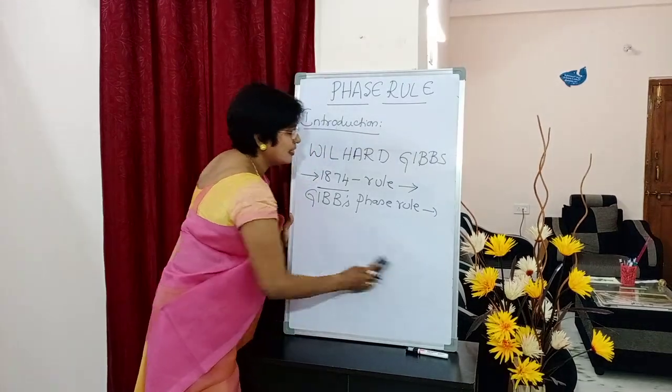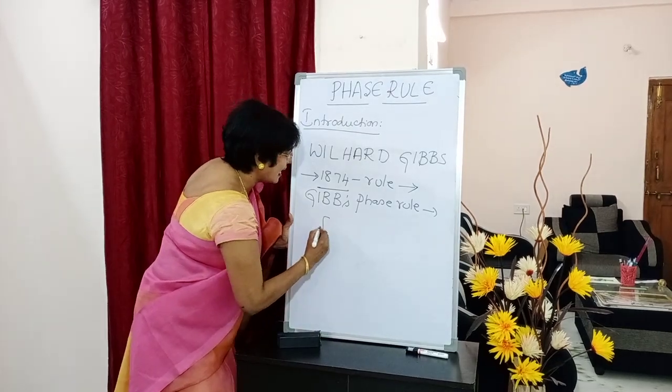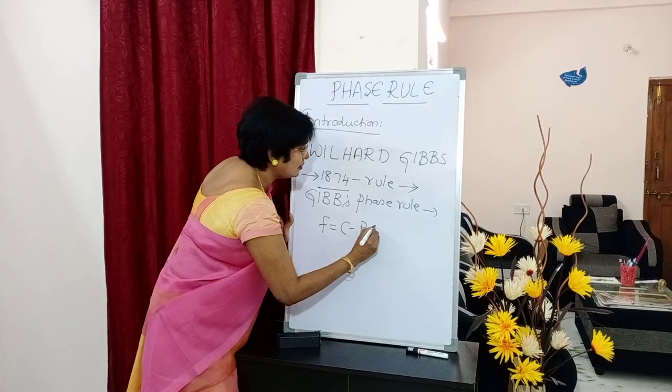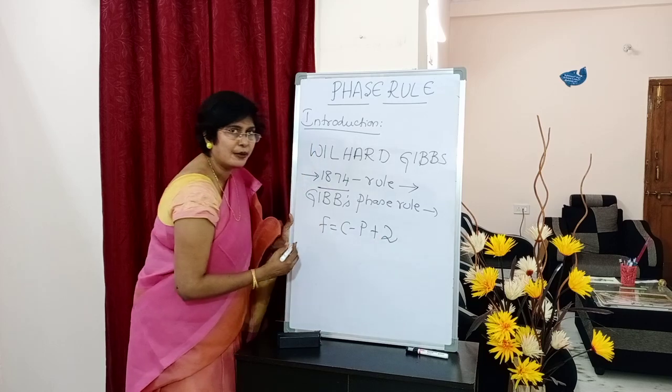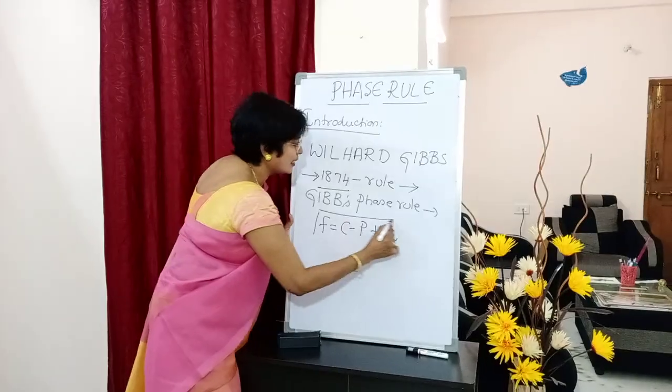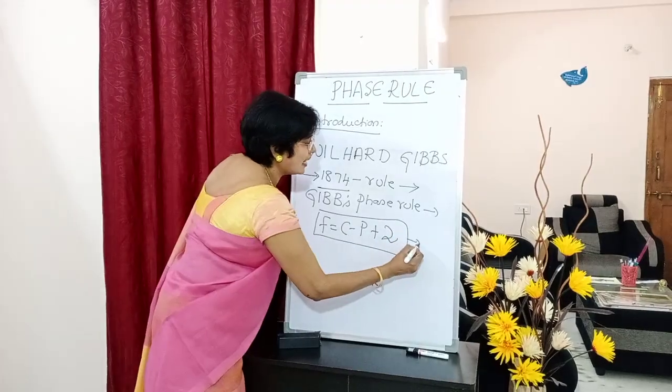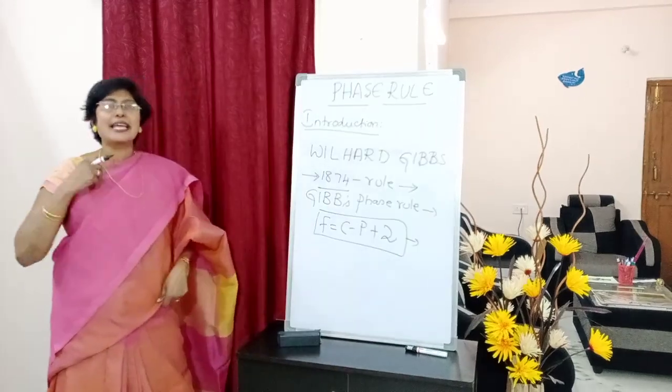It is given mathematically as F is equal to C minus P plus 2. Put it in a box, students. This is called as Gibbs phase rule expression.